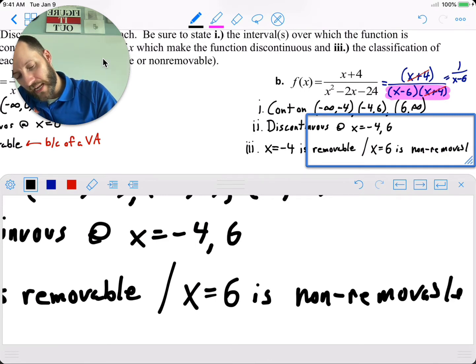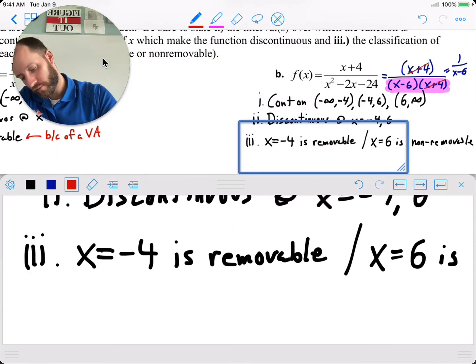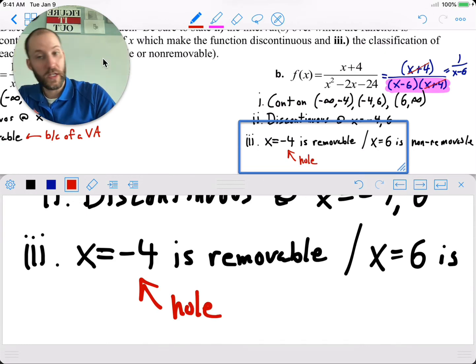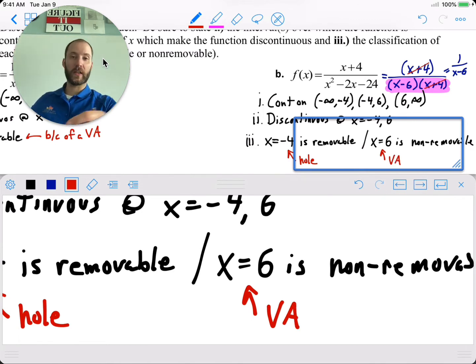Then add a little additional information. x equals -4 is a hole in the graph. x equals 6 is a vertical asymptote in the graph.